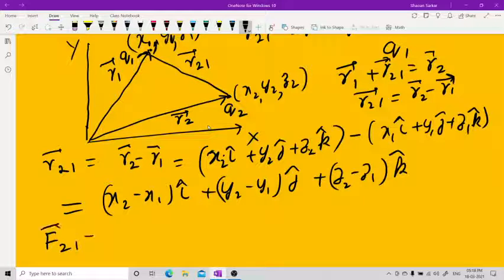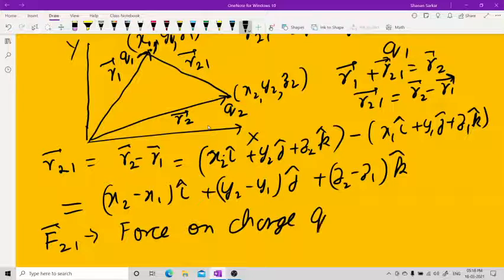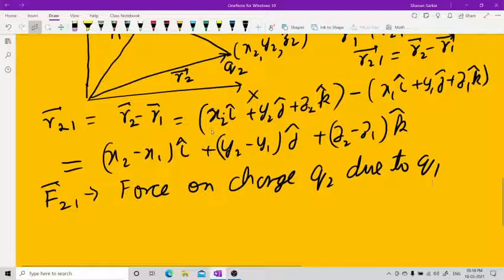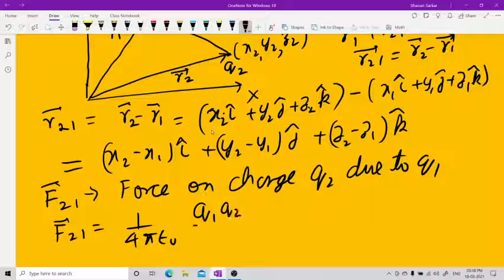This is the electric force, I should say, not just force. The force on charge q2 due to q1, F21, is 1 by 4 pi epsilon naught q1 q2 upon the modulus of r21 vector squared, times r21 vector.